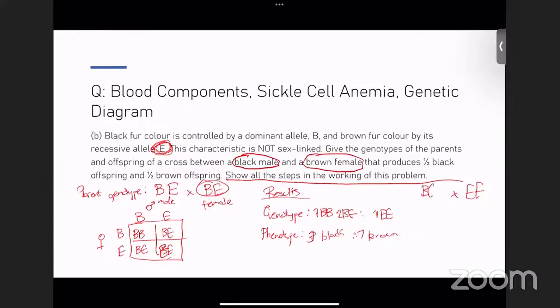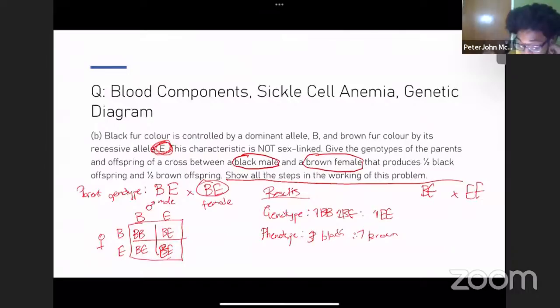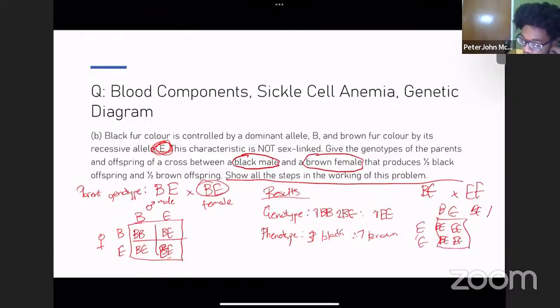We'd have to use a heterozygote. I'm not going to do the whole process again, but you guys should do the whole process again. I'm just going to do this quickly. BE, EE, just to show you. BE, EE, BE, EE. BE is what? Black. EE is what? Brown.